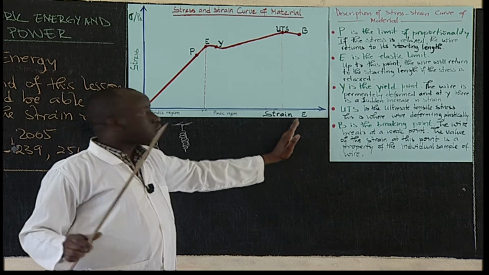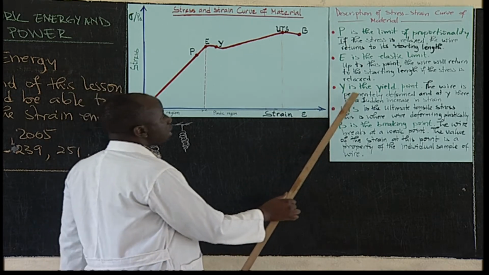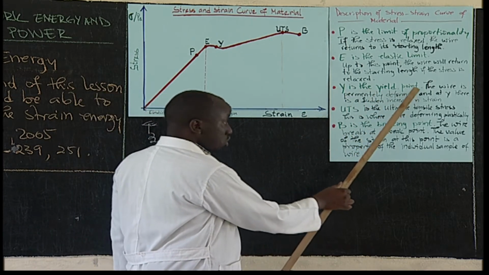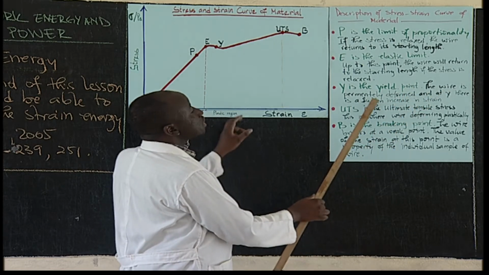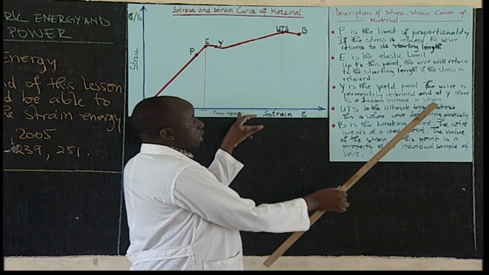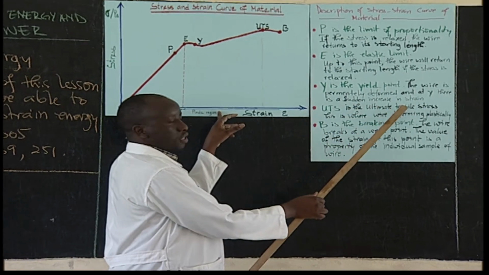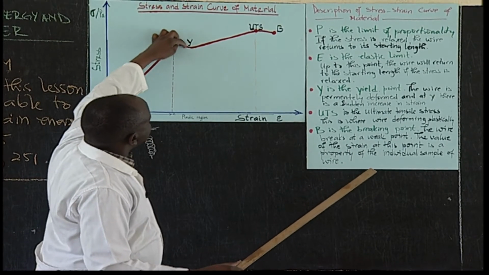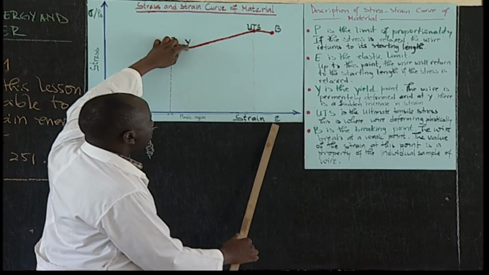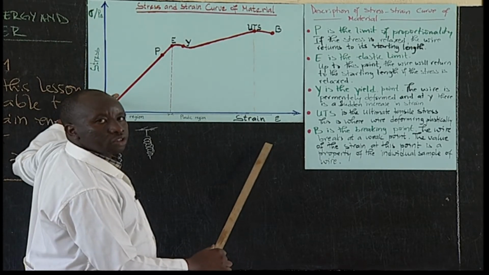Do you understand, students? So it means that Y is the yield point. This is what we call the point here. The wire is permanently deformed, and at Y there is a sudden increase in strain but a decrease of stress.